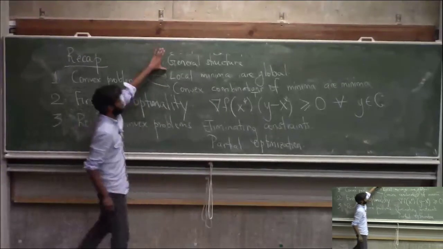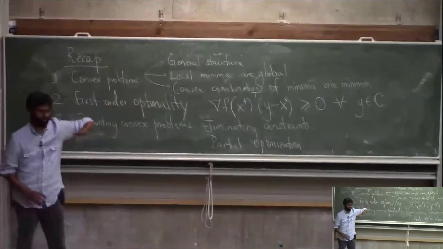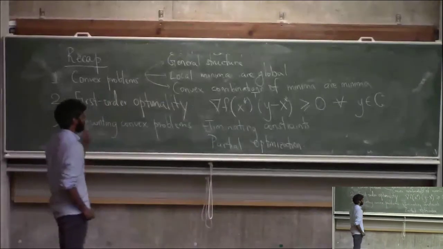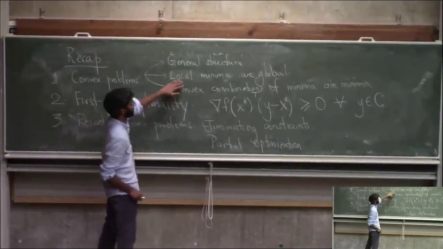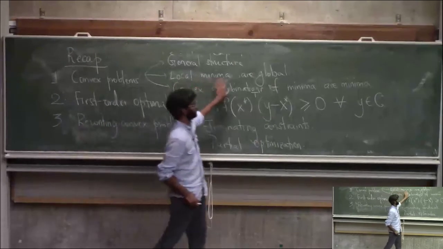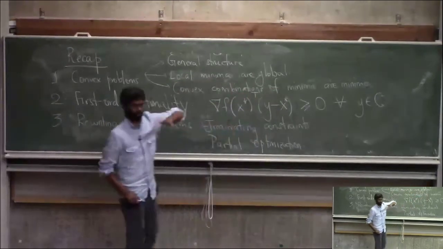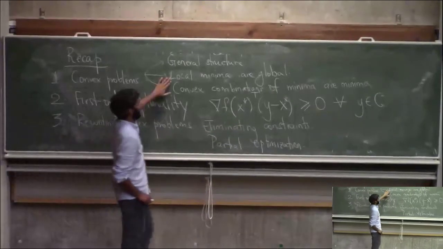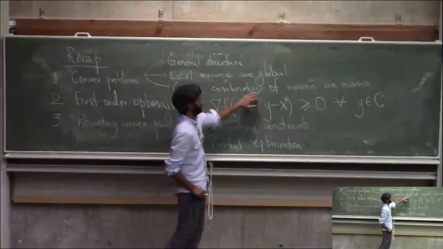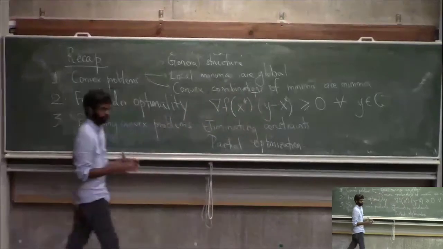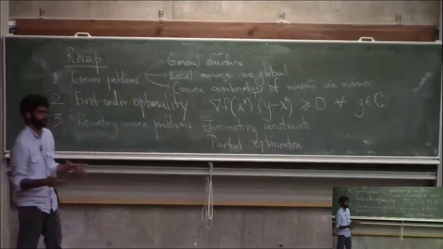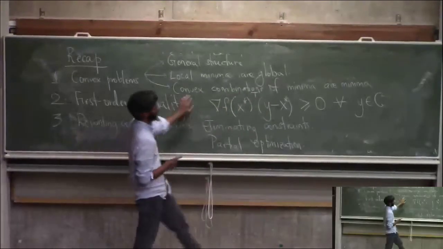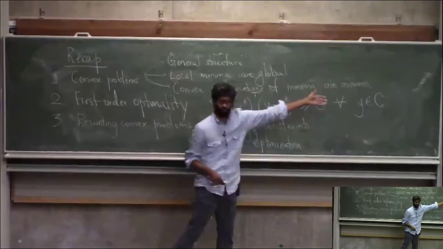They have some nice properties that make them useful and attractive in practice. One of them is that local minima for convex problems are all global minima. So there are no bad local minima in some sense. The other fact is that even when the solution is not unique, the set of solutions forms a convex set. So if you take convex combinations of minima, you obtain back some minima.